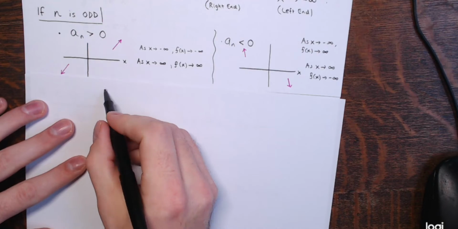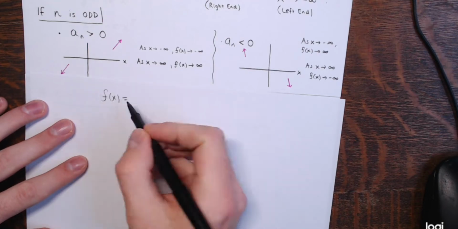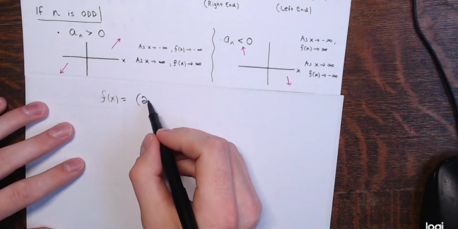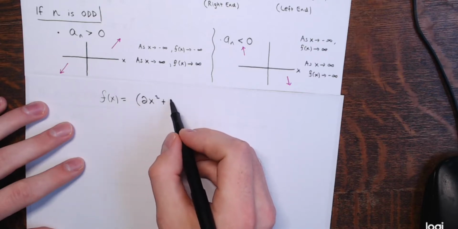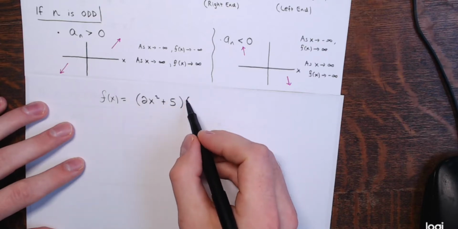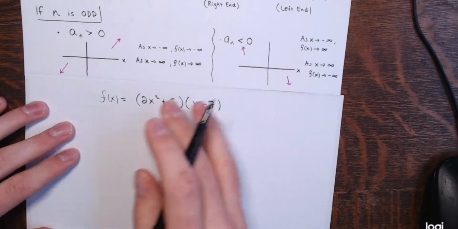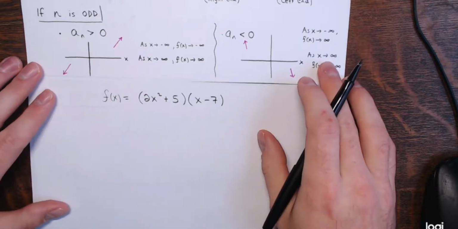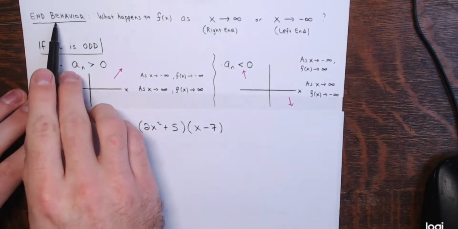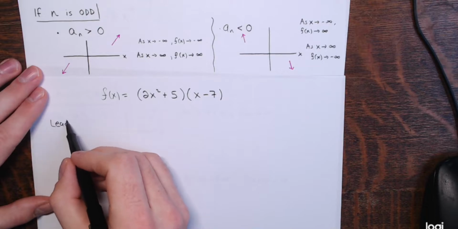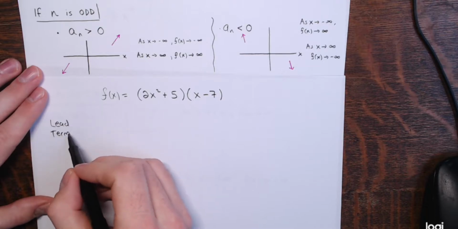So we're given f of x. Now we're given it in factored form, not the general form for a polynomial, 2x squared plus 5 times x minus 7. When I'm talking about end behavior, I just need to know the lead term. What would be the highest powered term?